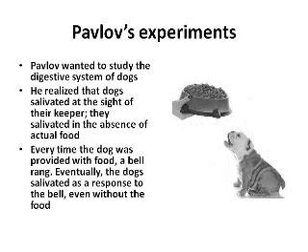Eventually he came to realize that the dogs salivated as a response to the bell even without food. So after a series of trials, Pavlov would only ring a bell and the dogs would salivate even in the absence of food. So this was a very interesting result. This process was eventually called classical or associative conditioning.